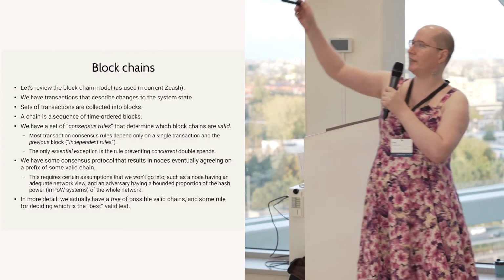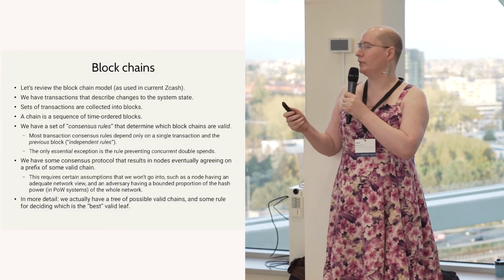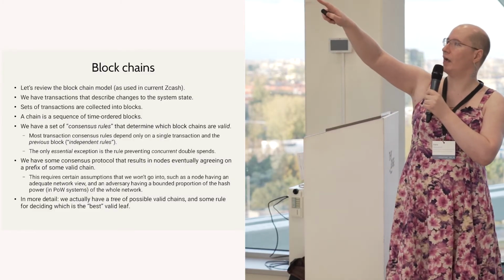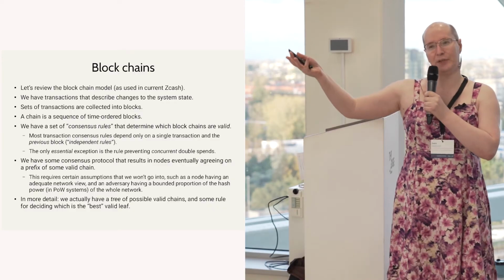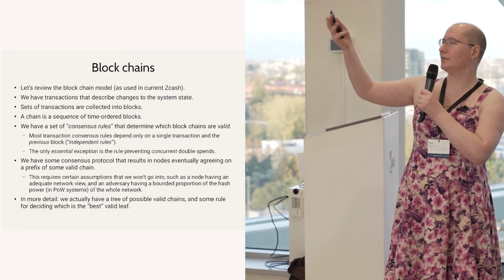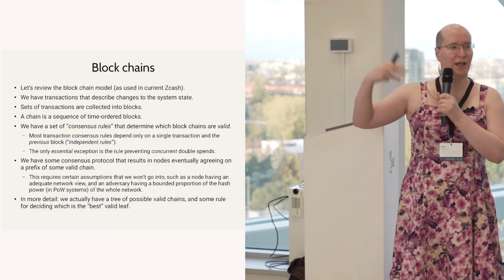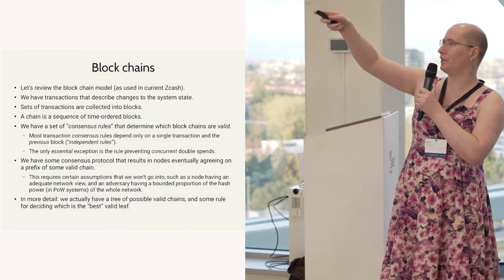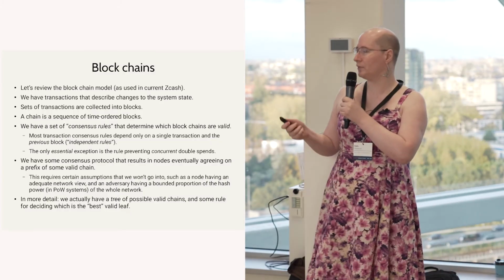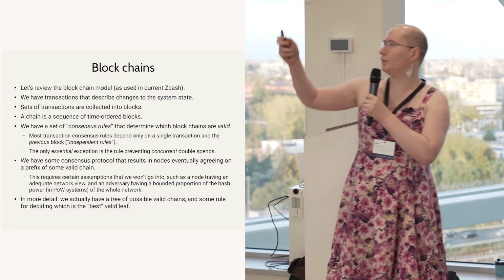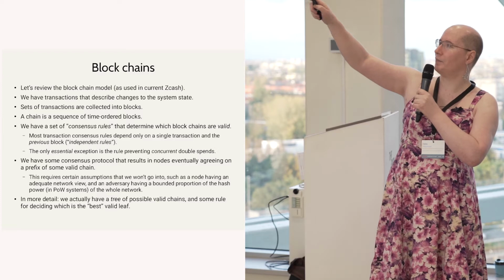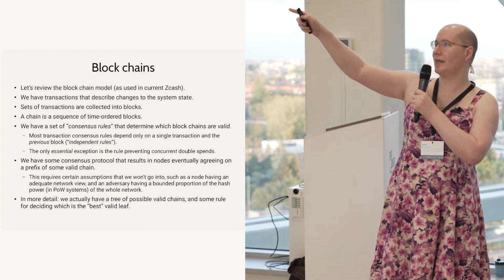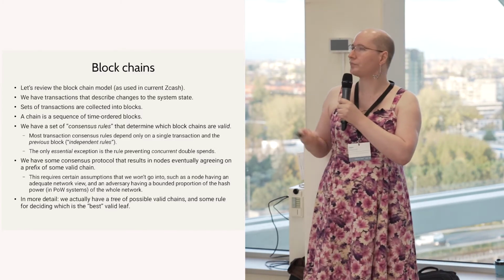There's an interesting observation that we can make here, which is that for most of the transaction rules, there's not much interaction between how the rules apply to each transaction, except that we've got to prevent concurrent double spends. So the rules for a transaction depend only on the transaction contents and the previous block.